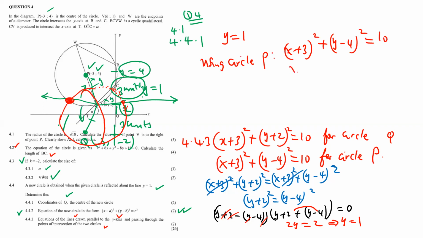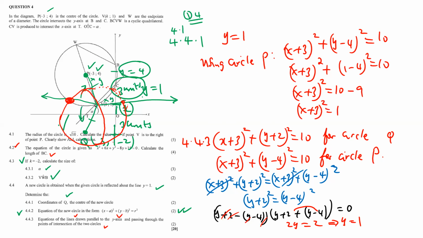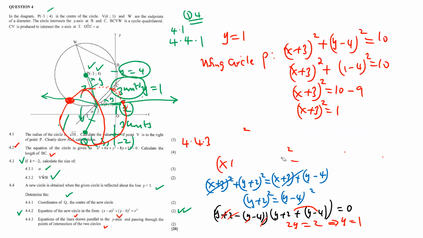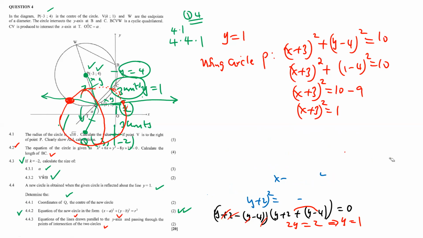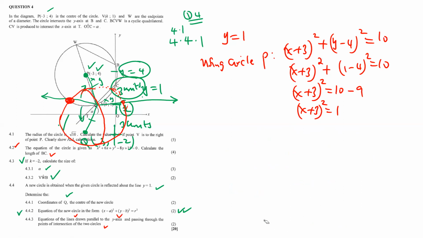But y equals 1, so this is (x + 3) squared, then minus 9, equals 0.